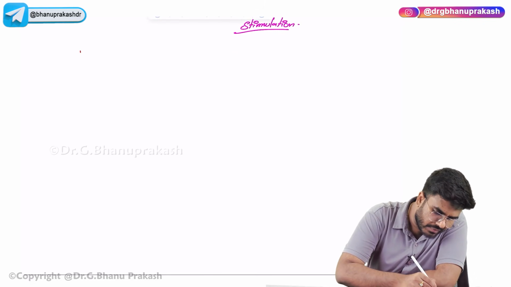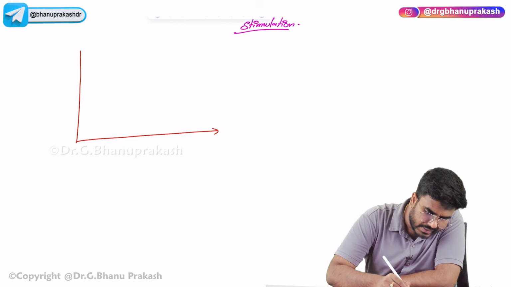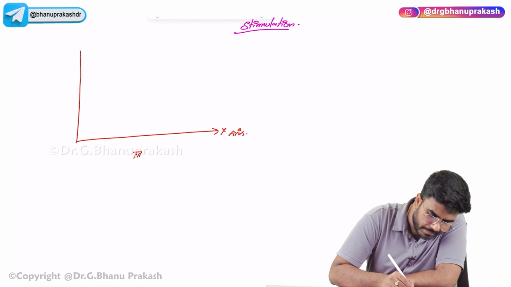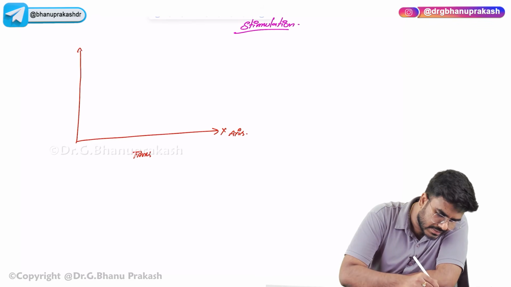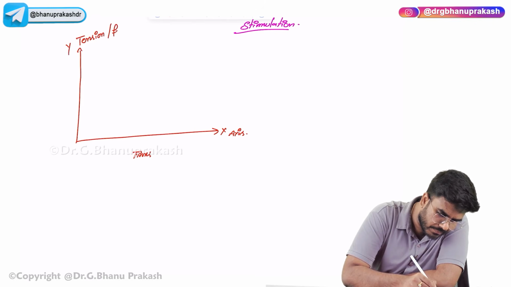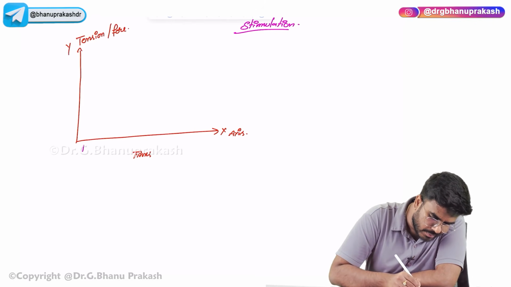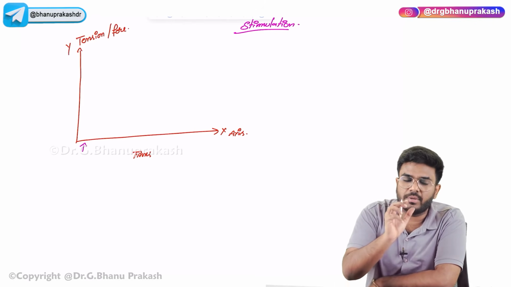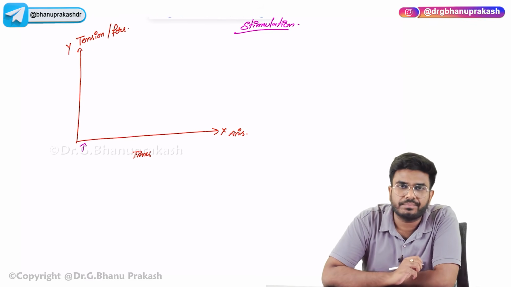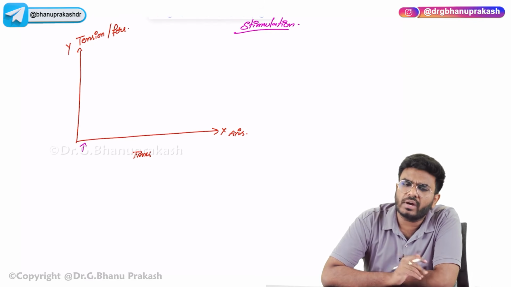So look here, first on the x-axis, I am talking about the time. On the y-axis, I am talking about the tension or force. Now imagine I am stimulating a muscle at 0 second. I have stimulated a motor unit. When you stimulate a motor unit, what happens?